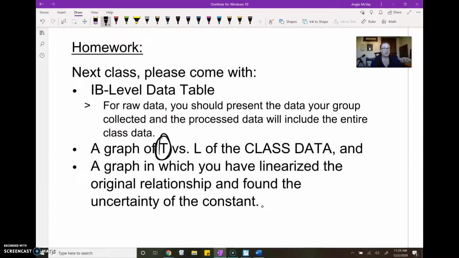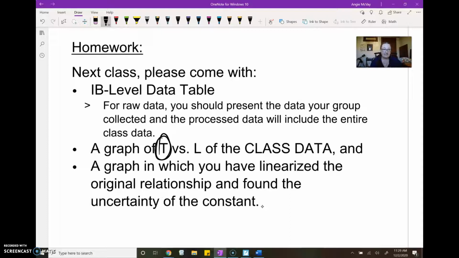But one of the ways that you can reduce uncertainty when measuring times is you can time more than one full oscillation. Because if you time, say, 3 oscillations to get the period, you divide the time by 3, and you also divide your reaction time by 3. And so that can decrease your percent uncertainty.